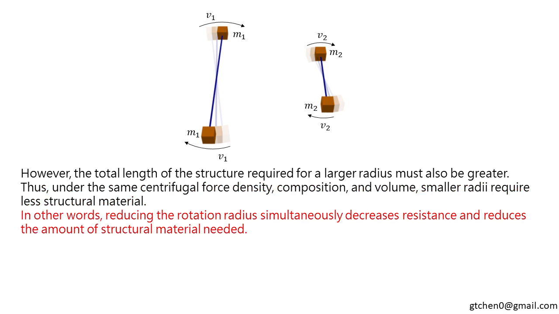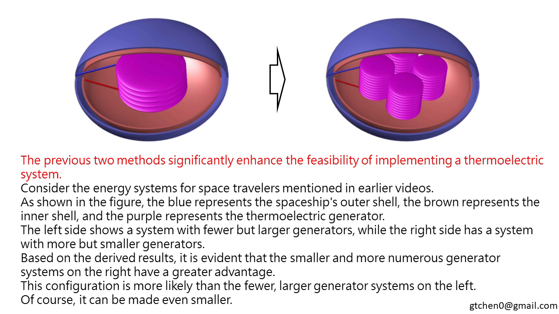In other words, reducing the rotation radius simultaneously decreases resistance and reduces the amount of structural material needed. The previous two methods significantly enhance the feasibility of implementing a thermoelectric system.